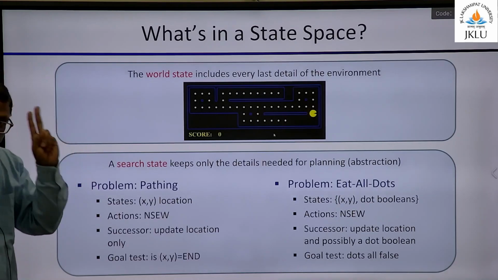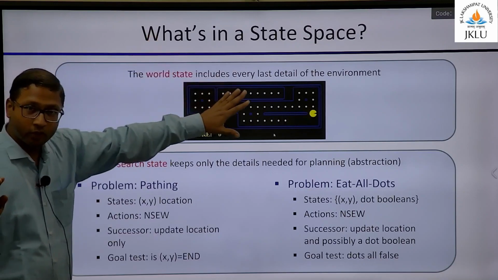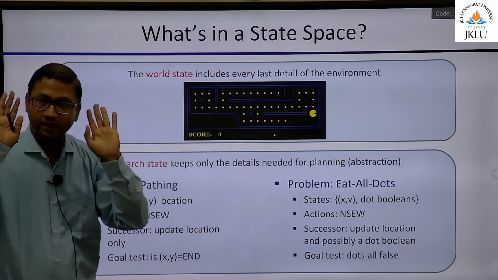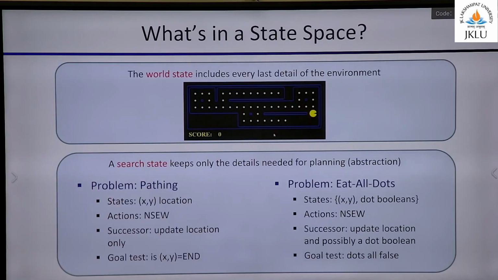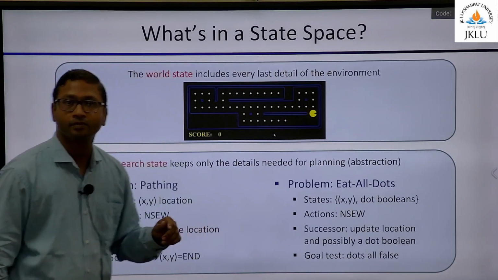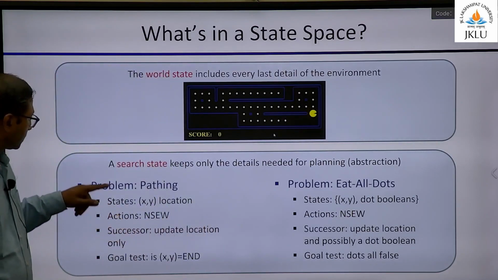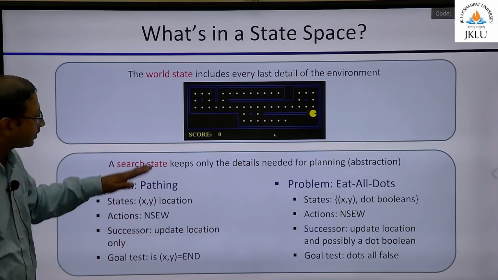See, there are two problems. Same environment, same agent, but there are two problems that we are trying to solve. What are they? So first is pathing. What does pathing mean?